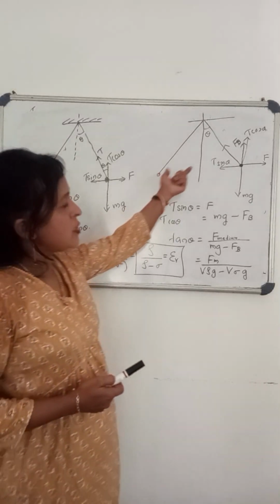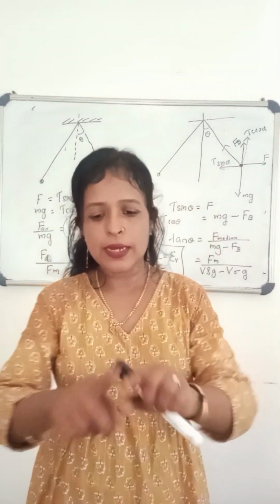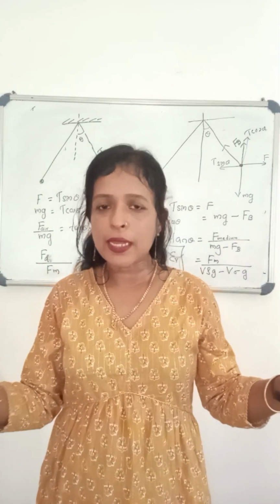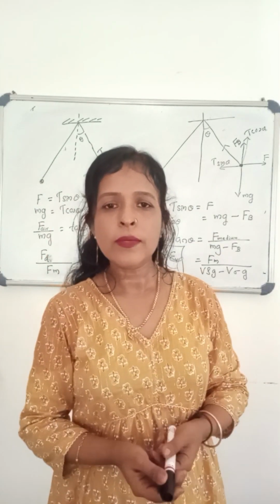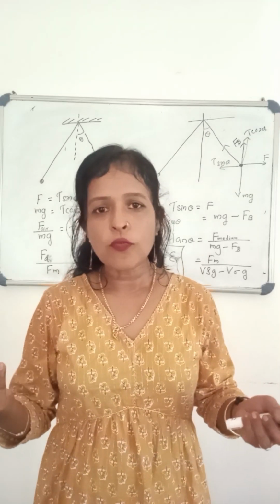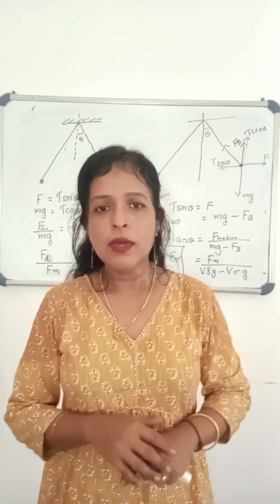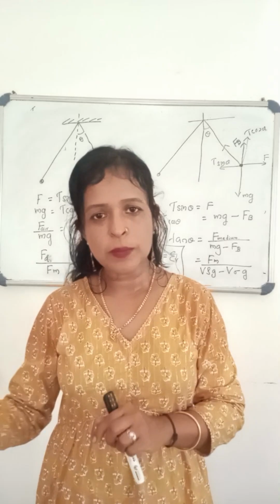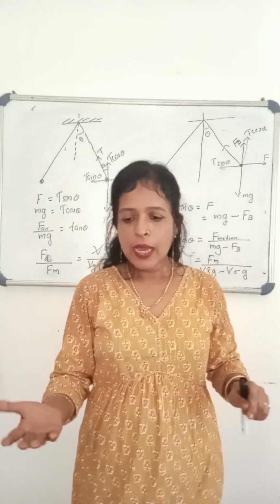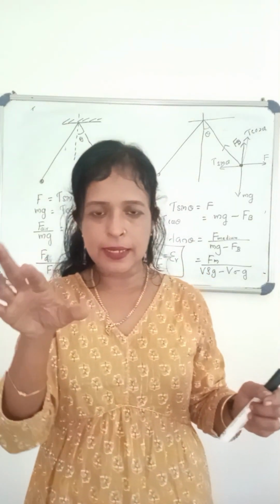Suppose they are telling that this arrangement is repelled by an angle 60 degrees, and the sphere has density 1.5.